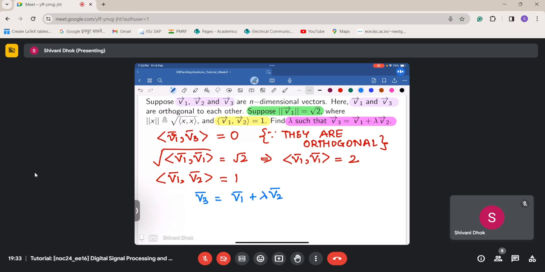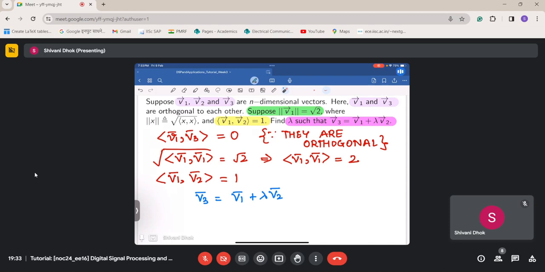Okay. So what we know is the inner product of V3 with V1 is 0. Then the inner product of V1 with itself is 2. And the inner product of V2 with V1 is 1.